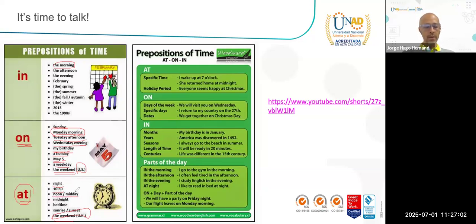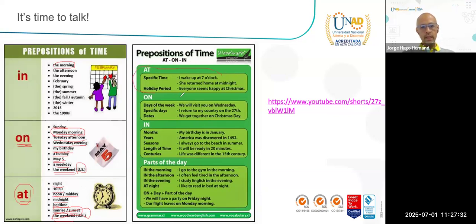The parts of the day, but these parts of the day: noon, midday, or midnight. Okay? In order to say at bedtime. These parts of the day are not the regular ones, not the common. For example, sunrise, sunset, when the sun appears, when the sun disappears, you use at.